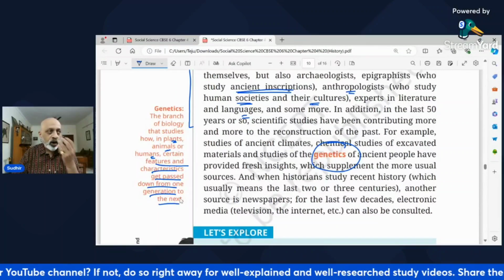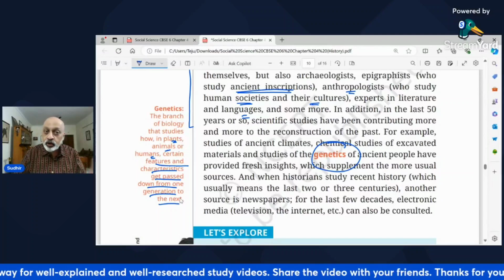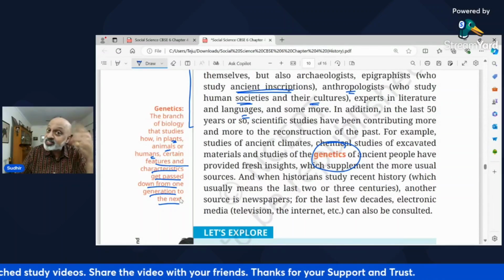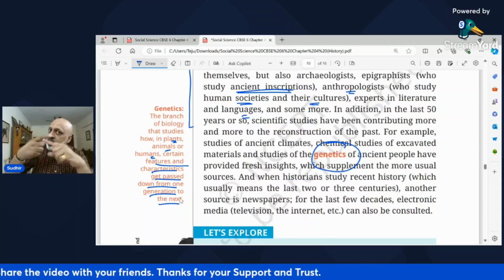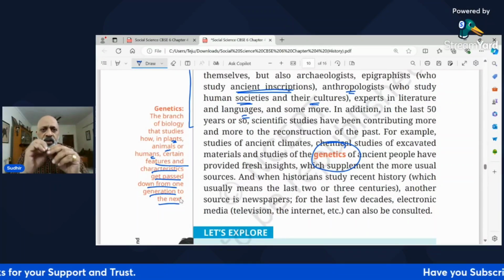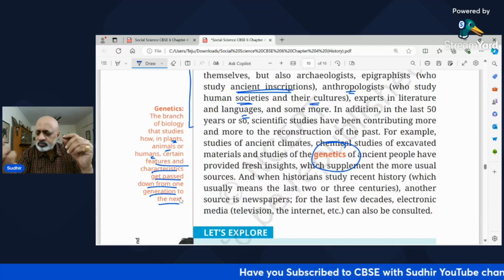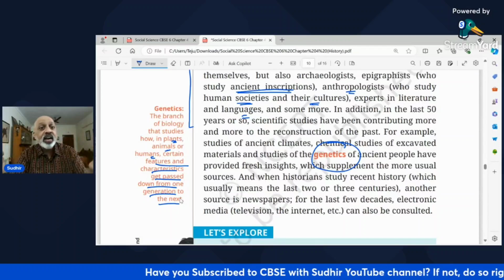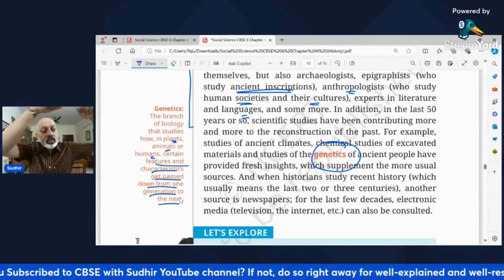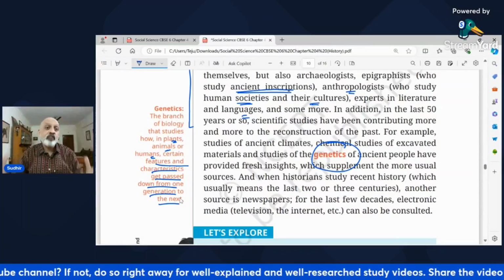Let's assume that one particular tribe, all of them have very cat-like eyes, and you find another tribe in another part of the country or another part of the world which has similar features. And then you genetically match the two tribes, and genetically you need a piece of nail, a piece of hair, a piece of sweat, you can actually extract DNA from that. So with DNA mapping, you can try to see whether these two tribes had any kind of similarities or whether they came from the same family tree.